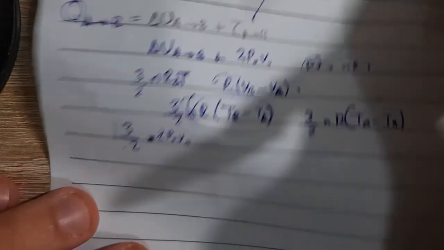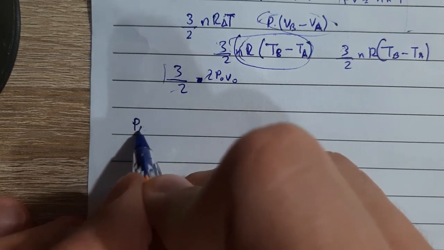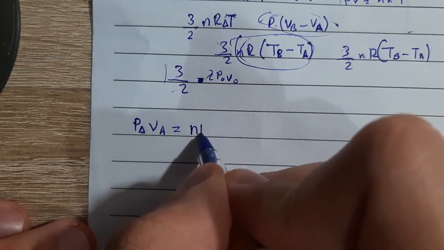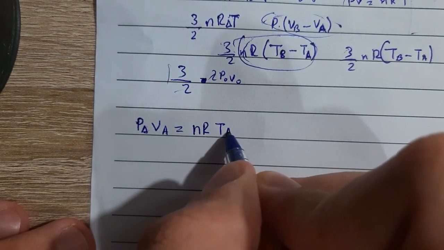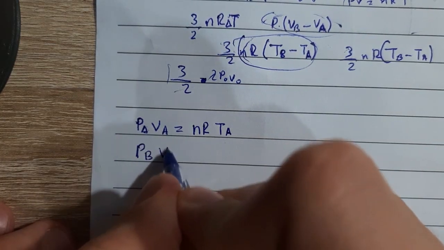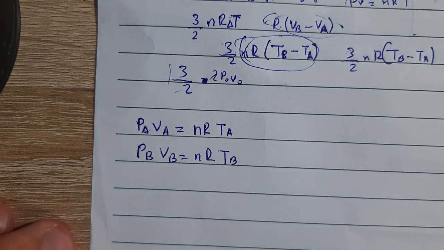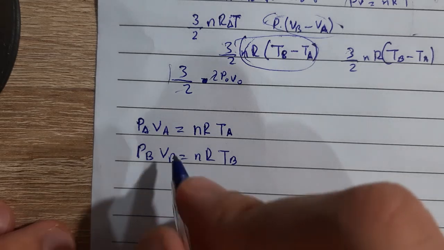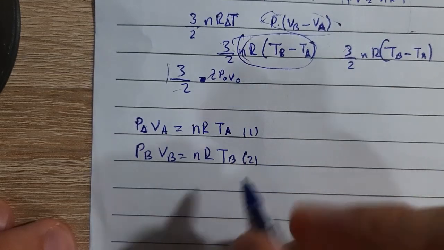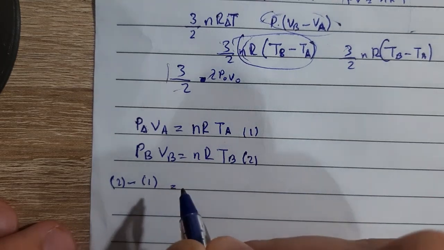We know that the pressure in A times the volume in A is equal to nR times the temperature in A, right? And the pressure in B times volume in B is equal to nR times temperature in B. So this one is going to be equation 2 and this one is going to be equation 1. Now I want you to take equation 2 minus equation 1, okay?